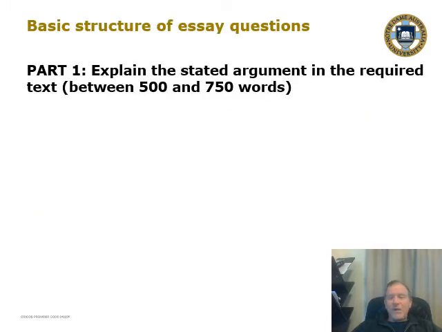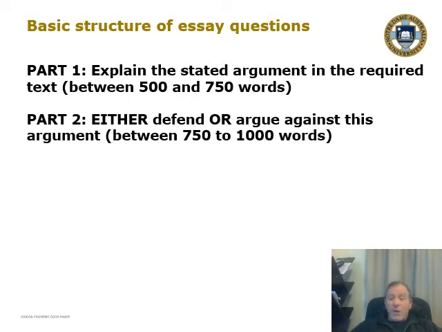Okay, so having looked at that, let's just review the structure of these questions. Depending on the topic, there'll be a different text, but the basic question is the same. In part 1, you need to explain the argument in the required text, and you're given information about exactly what that argument is.